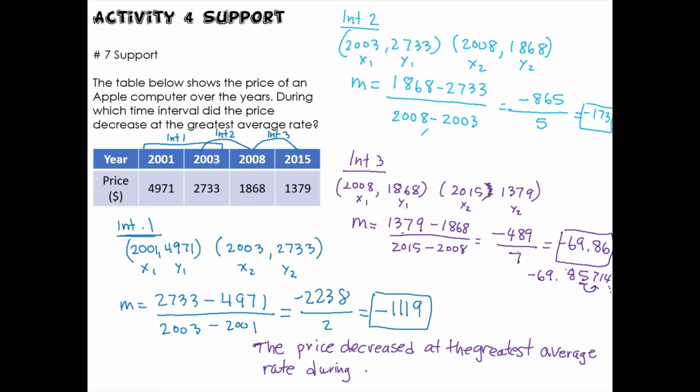That's what I always did when I was in high school, so I made sure that it would make sense. And so during 2001 to 2003. Alright, and that would be my answer.